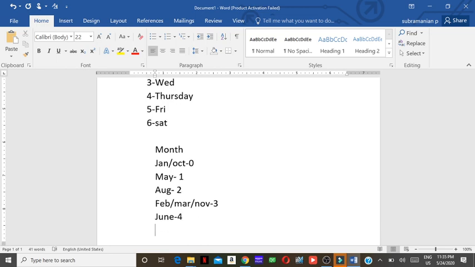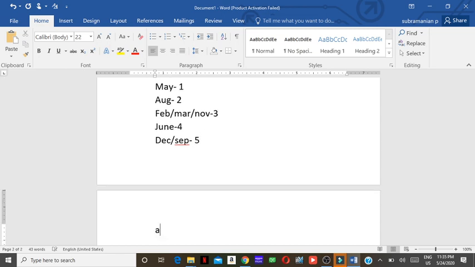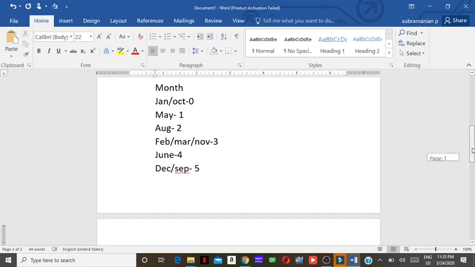Next is 5, with December and September. September 5 is Teachers' Day, so you can remember 5. The final one is April or July, indicated as 6.